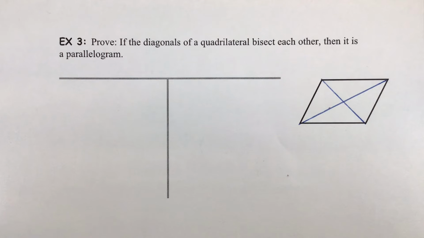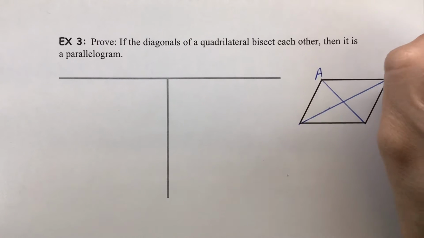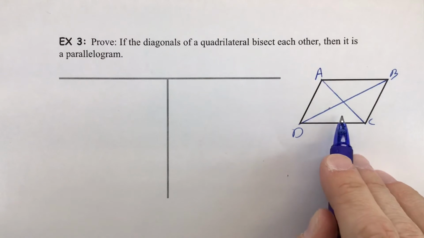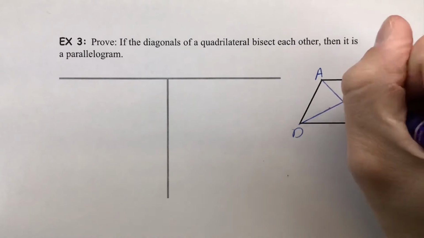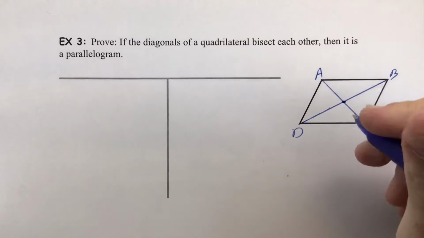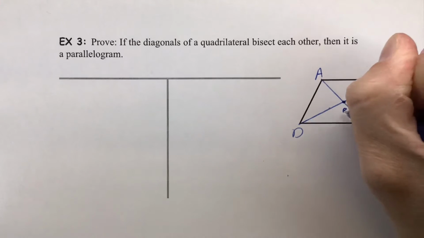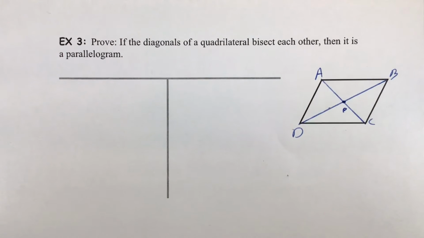And what we should probably go ahead and do here is label the quadrilateral. Let's go ahead and go with ABCD again. The point of intersection, we'll go ahead and call that point P. This might get in the way of some other things. I'm going to try and write it here and see if I can work around that spot there, but that's going to be point P in that location.